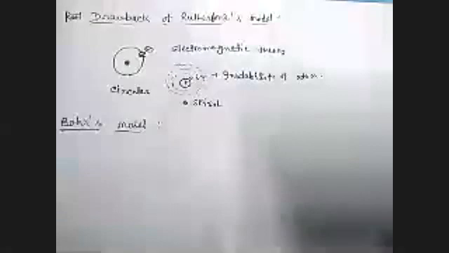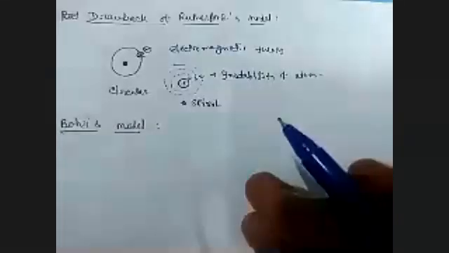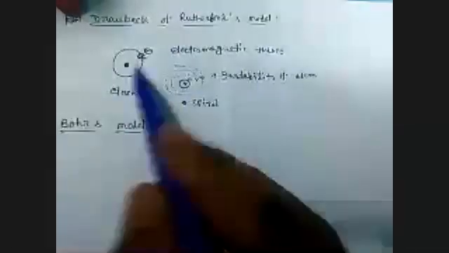Bohr initially overruled this electromagnetic theory concept for the atom. Why?